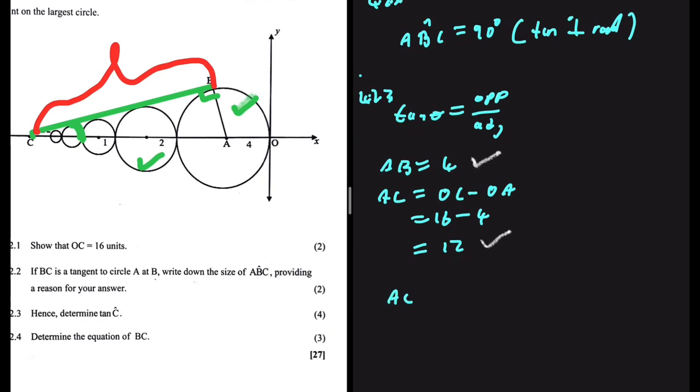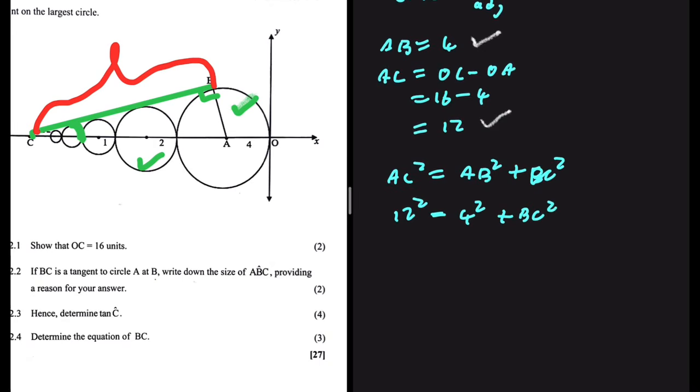We can say that AC squared is equal to AB squared plus BC squared. AC, that will be 12 squared, being equal to AB, 4 squared, plus BC squared. So it should be easy to see that BC is equal to the square root of 144 minus 16.